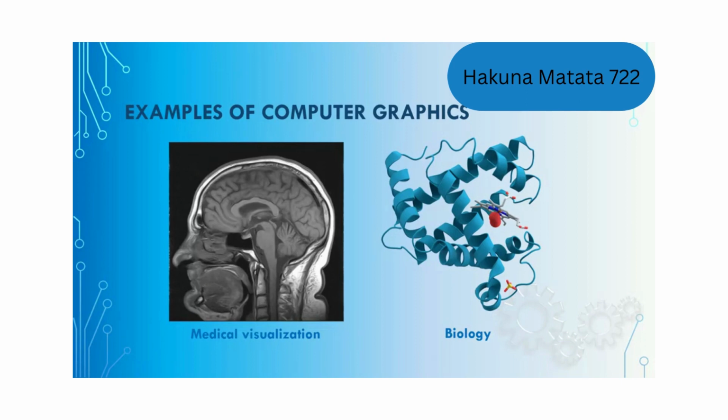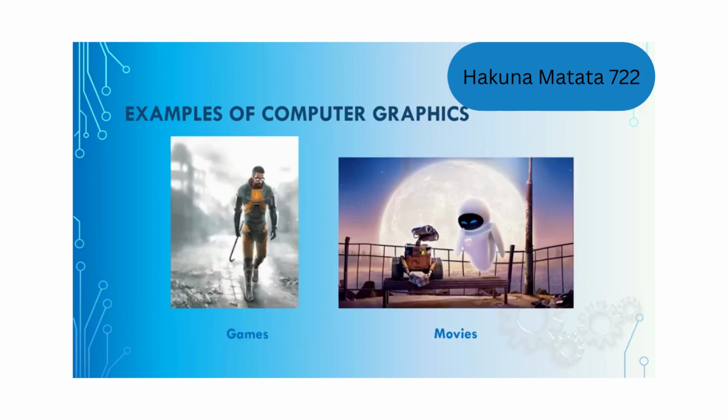And also in science, you may use computer graphics to visualize the structure of complex objects, for example, visualization of molecules and DNA in biology. Nowadays, computer graphics is heavily used in video games and also movies.